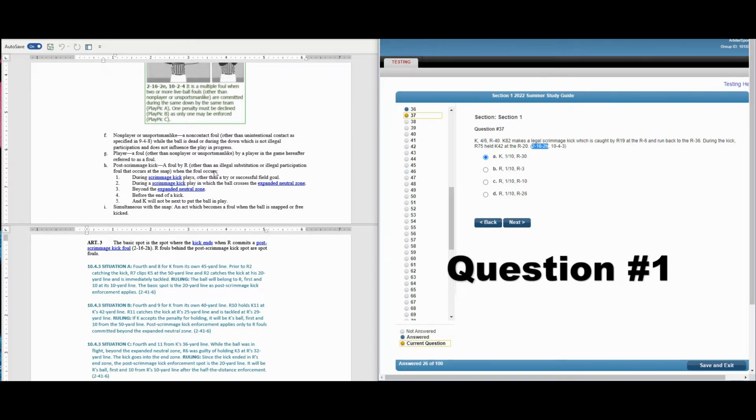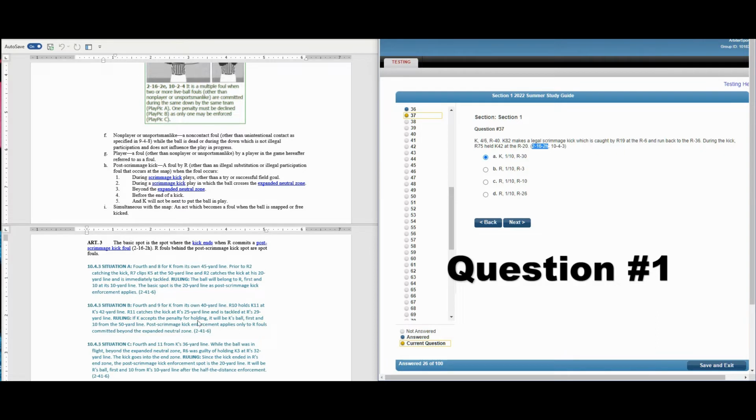When the foul occurs during a scrimmage kick play other than a try or successful field goal, during a scrimmage kick play in which the ball crosses the expanded neutral zone, when the foul occurs beyond the expanded neutral zone, before the end of the kick, and K will not be the next to put the ball in play. So the other rule reference is 10-4-3.